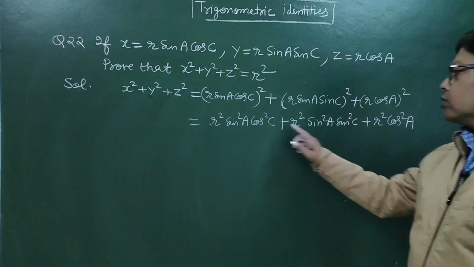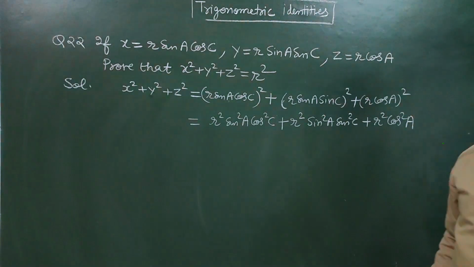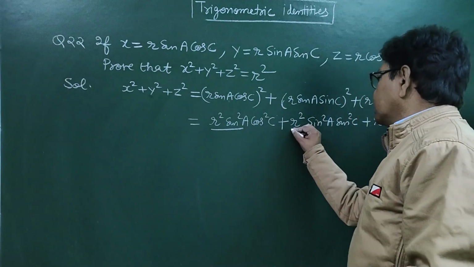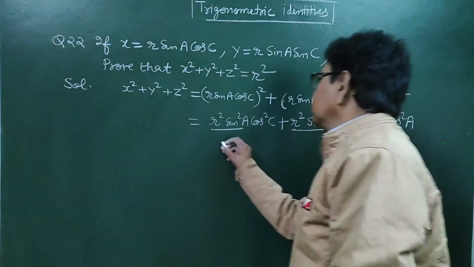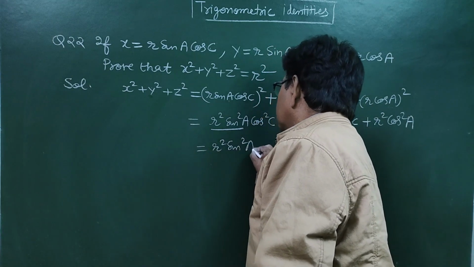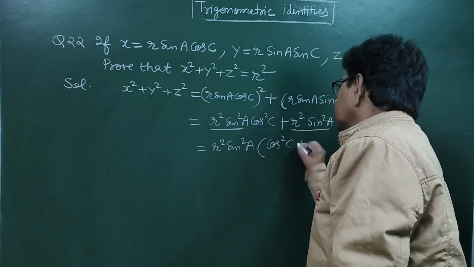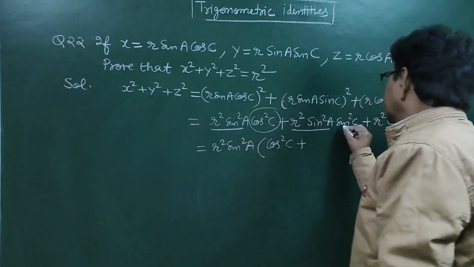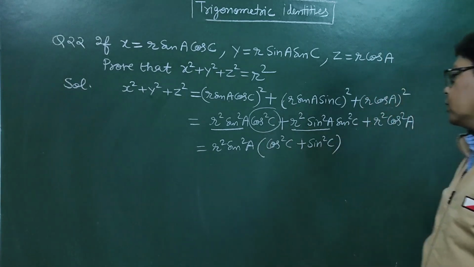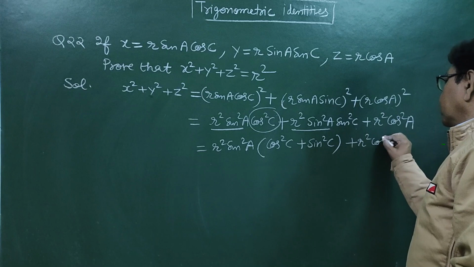Now in the first two terms you can take r square sin square a as common. r square sin square a is here, r square sin square a is also here. So r square sin square a is common in the first two terms, and in the bracket we get cos square c from here and sin square c from here, cos square c plus sin square c, plus r square cos square a.